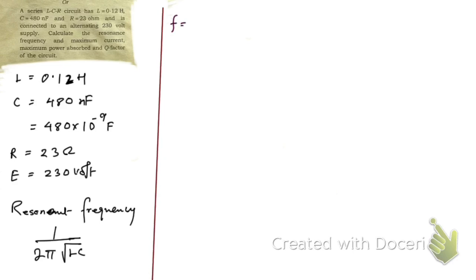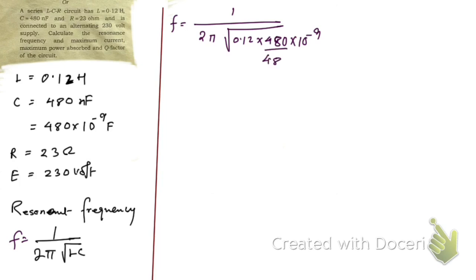So resonant frequency F, if we put the values here, 1 by 2 pi root over 0.12 into 480 into 10 to the power minus 9. 480 is nothing but 48 into 10, and if you multiply this 10 with 10 to the power minus 9, you get 48 into 10 to the power minus 8.